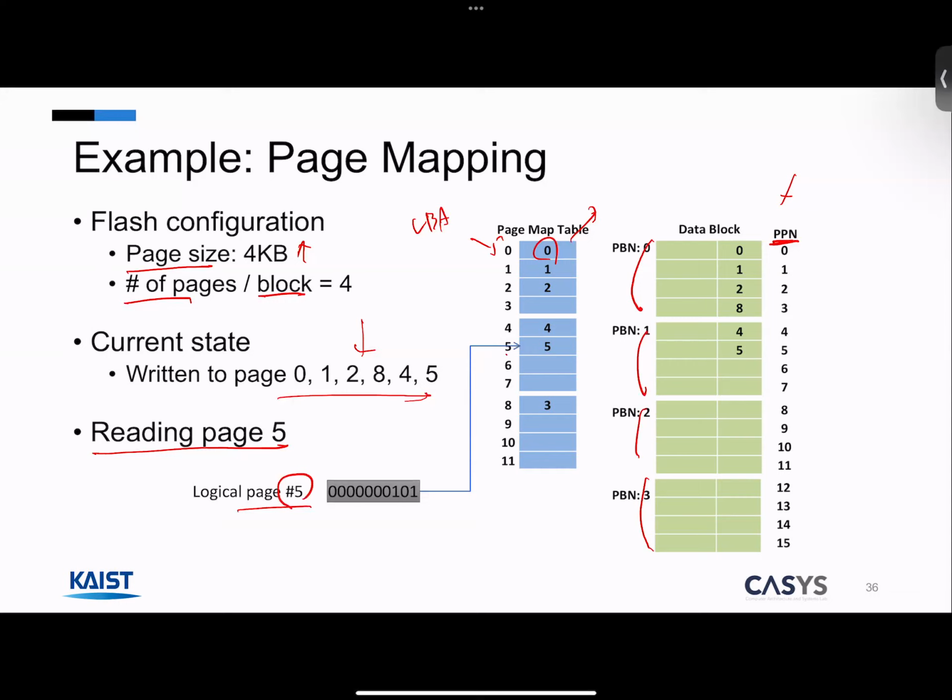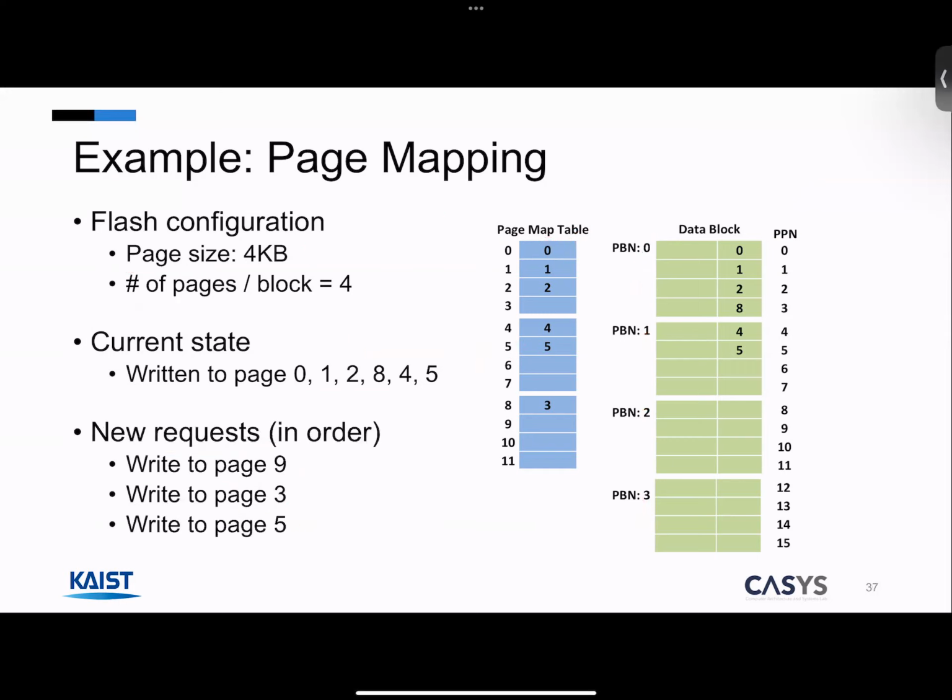Looking at this sequential table, we locate 5 and see that physical page number 5 holds logical page 5, so we go to this block and read it. Now three requests come in. First, I want to write some data to page 9.